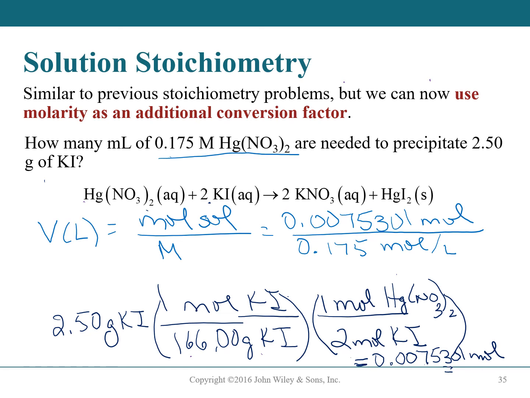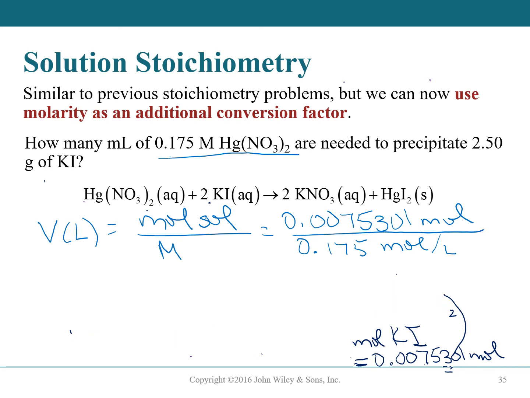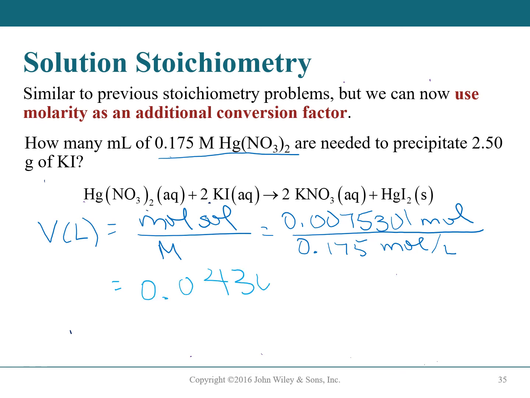That's the same as the capital M. So when I do that, 0.0075301 divided by 0.175, I get this for my value: 0.043029. Remember, 1, 2, 3 significant figures, liters.